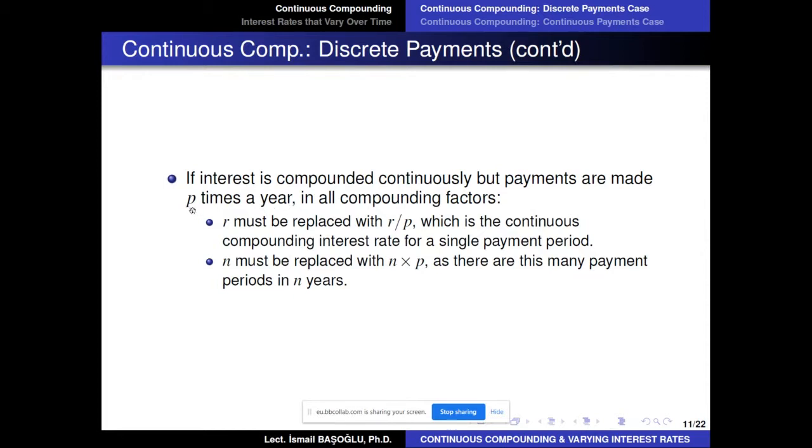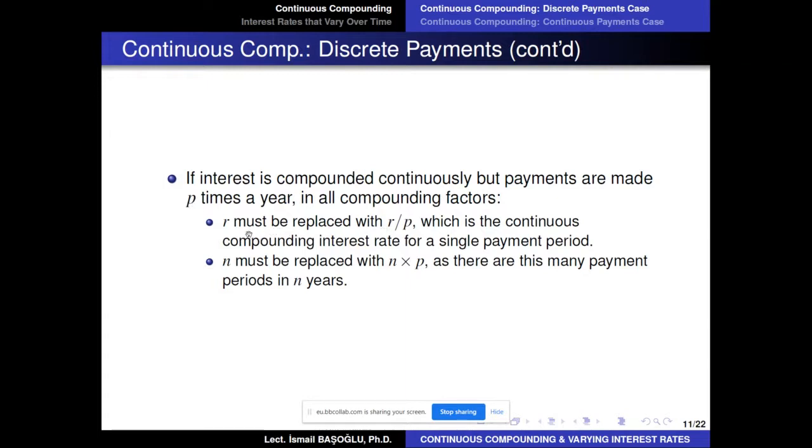For example, if the payments are made monthly under continuous compounding, then this p is taken as 12, because there are 12 months in a year. In that case, in all continuous compounding factors, the annual continuous compounding interest rate should be replaced with r over p, which corresponds to the continuous compounding interest rate per payment period.